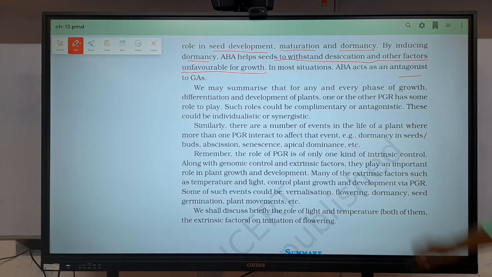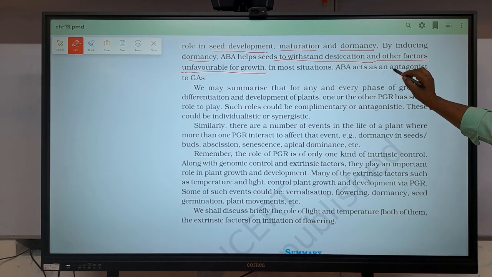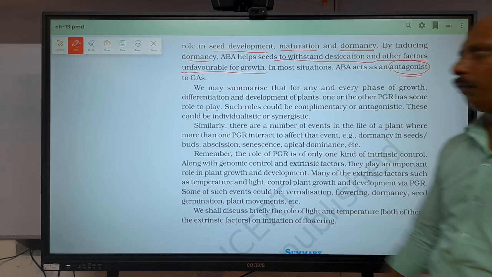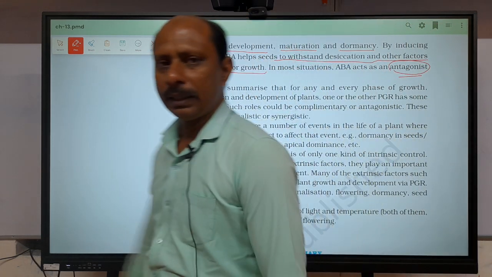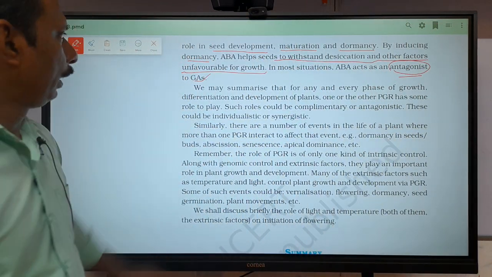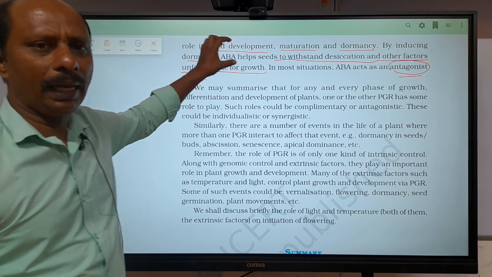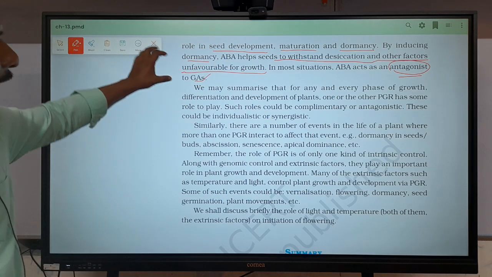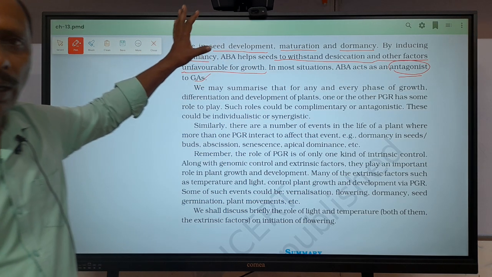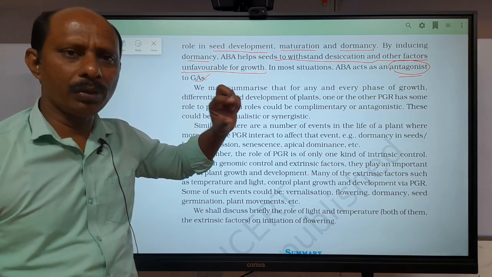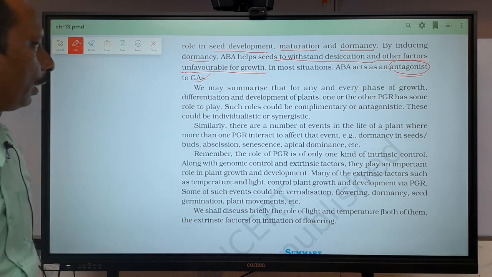In most situations ABA acts as an antagonist of gibberellic acids, right? So ABA is antagonistic to GAs. Cytokinins are antagonistic to auxin.